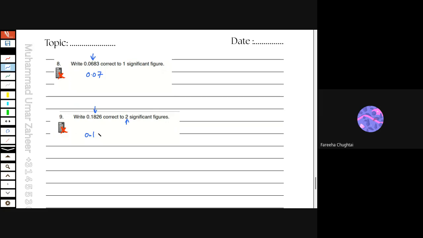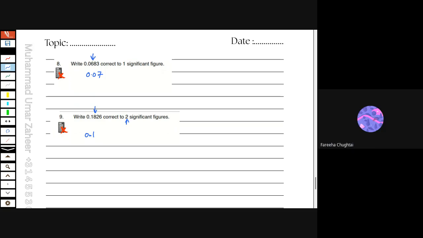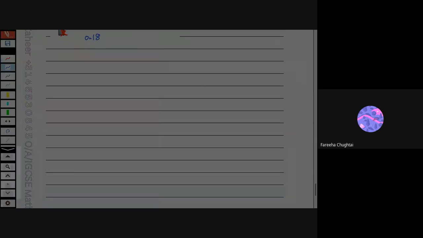Sir, you said I have to round up. Yes, round off till 8. So it would be 0.18. You just have to drop the values because this value is less than 5. Yeah, I thought I had to round 1, so that's why I said that.